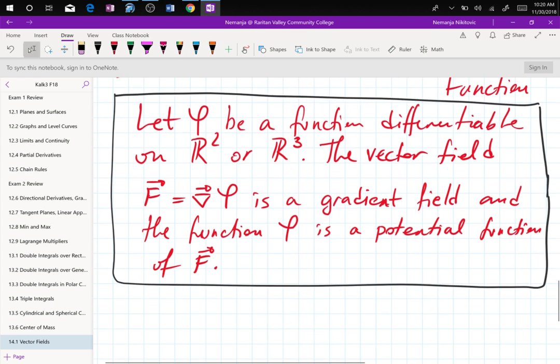So let phi be a function differentiable on R2 or R3, the vector field F.